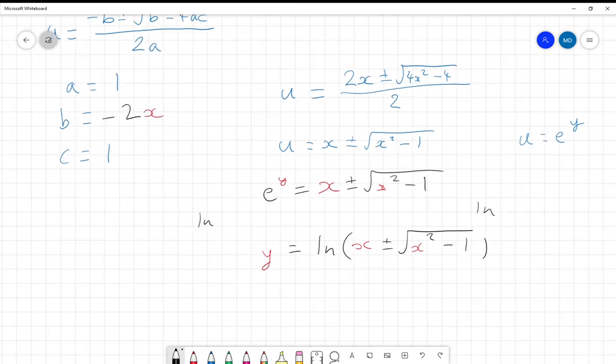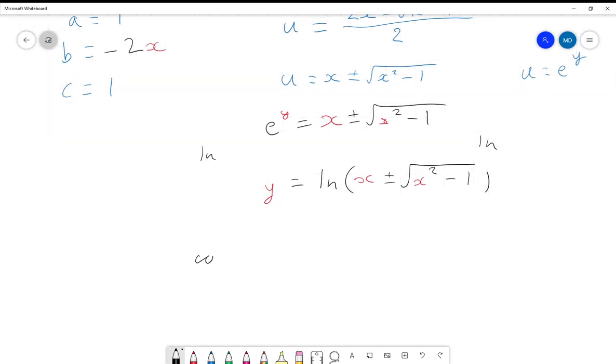If we have cosh of x equals y, then our inverse cosh, in fact, let me rewrite that.